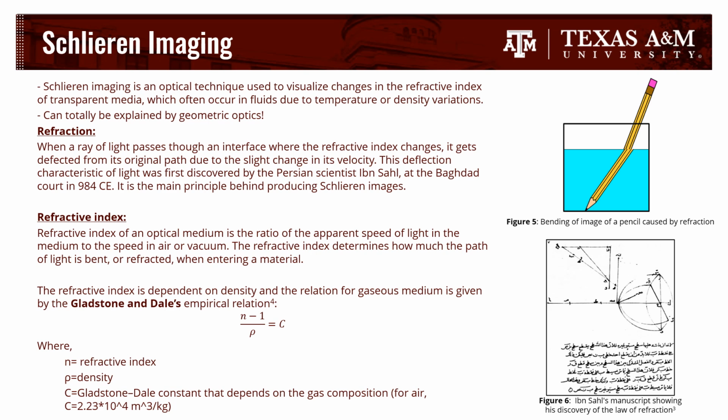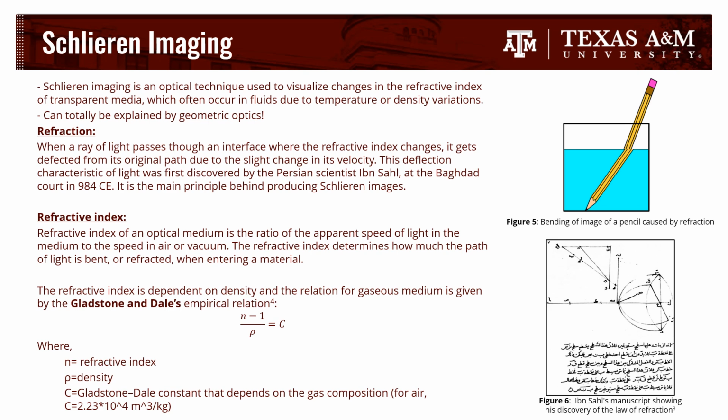This deflection characteristic of light was first discovered by a Persian scientist called Ibn Sahl at the Baghdad court in 984 CE. As I said before, this is the main principle behind producing a Schlieren image. As you can see in the image to the right here, the pencil appears to be bent when it's dipped in water because of refraction.